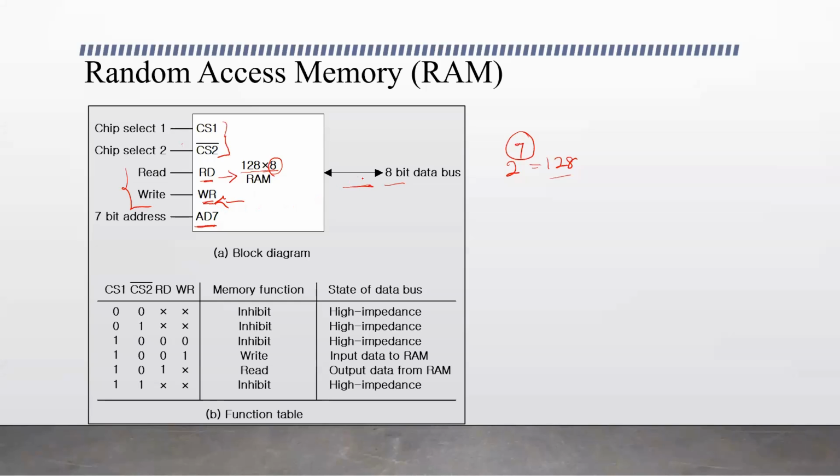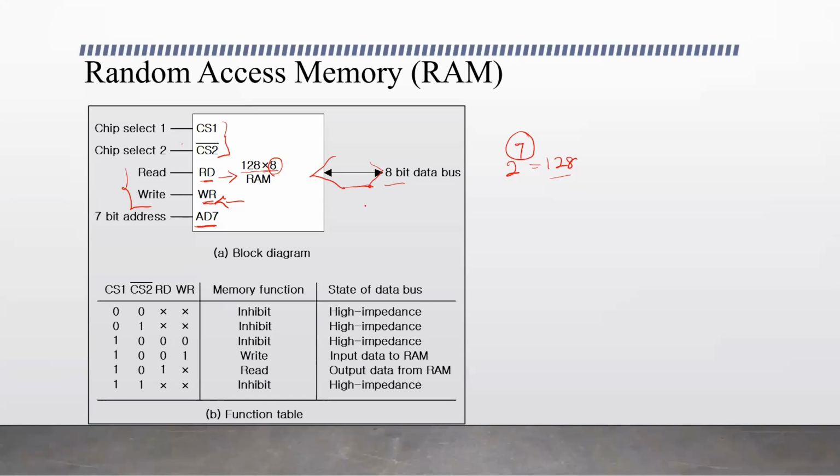For reading data, the data is taken from the RAM. It is an output operation, so the data is placed on the data bus and taken out of the RAM. And for writing data, the data coming from the other unit is written into this RAM. So here we have a bidirectional data bus.